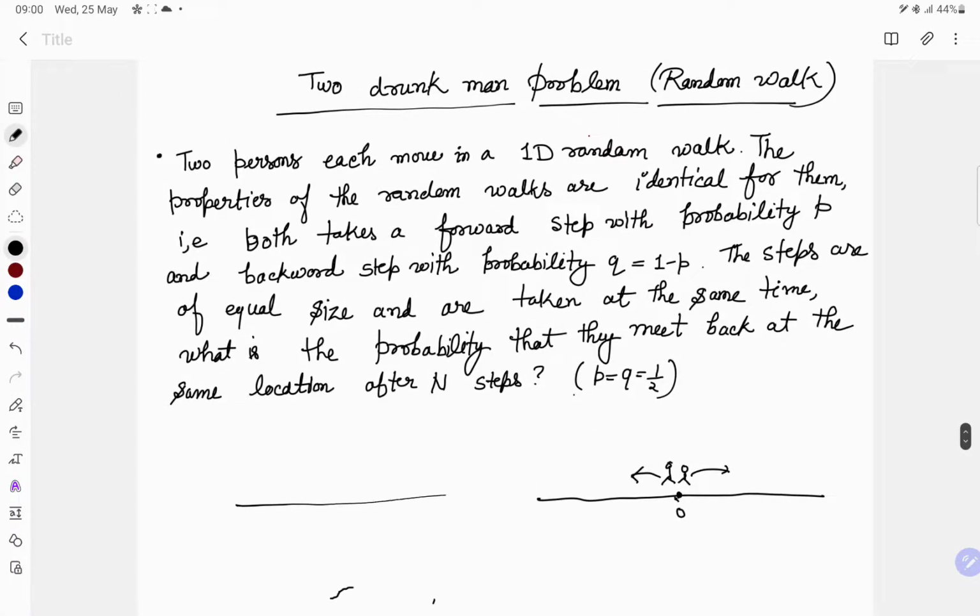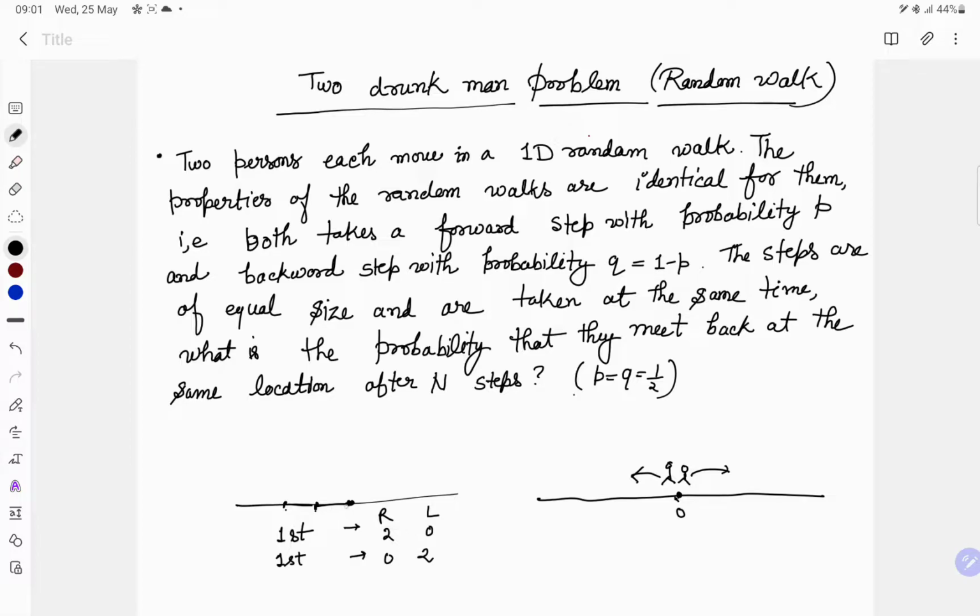Let's say the first person moves 2 steps right, and the second person then has to move 2 steps left to meet. So for the first person, right steps are 2, left steps are 0, but for the second person, right steps are 0 and left steps are 2.